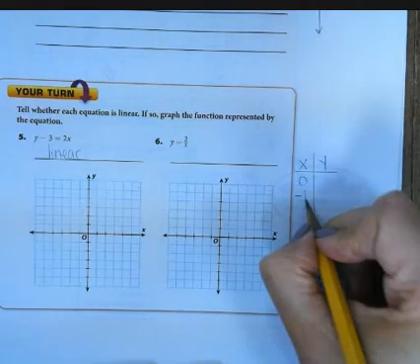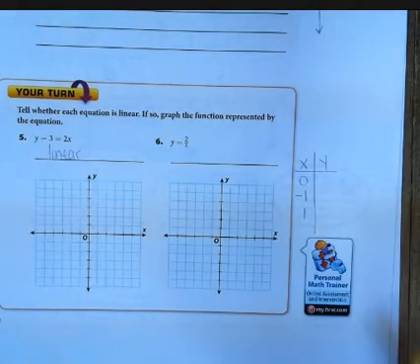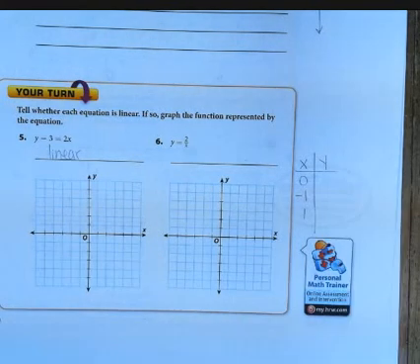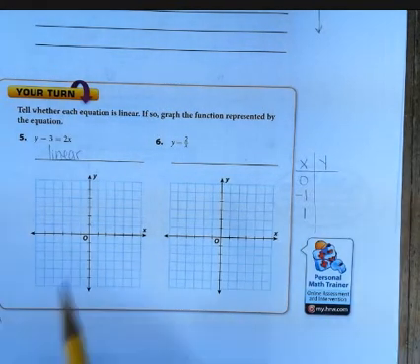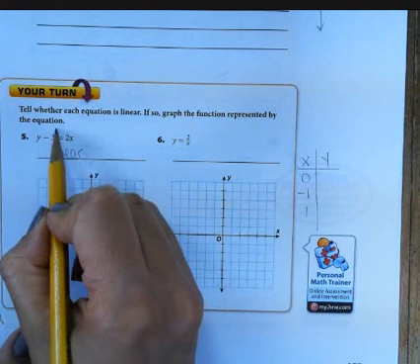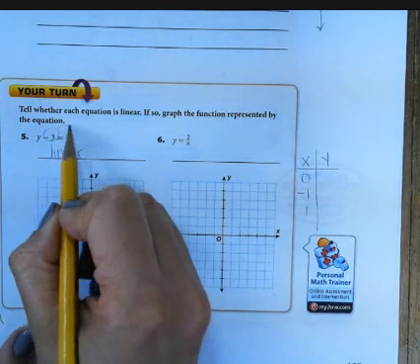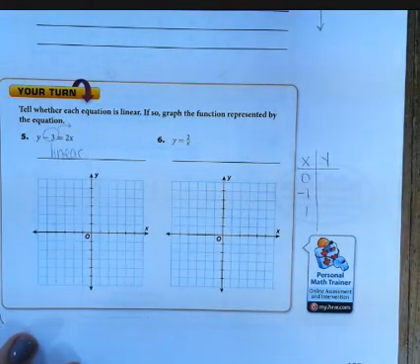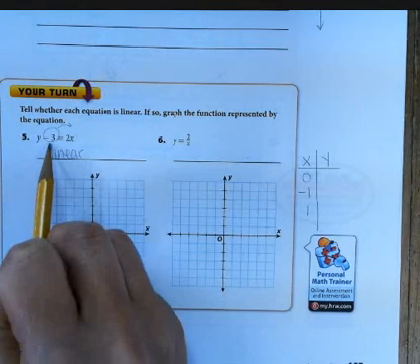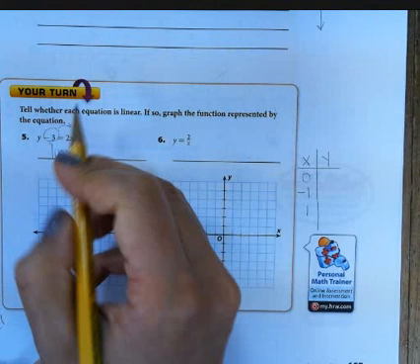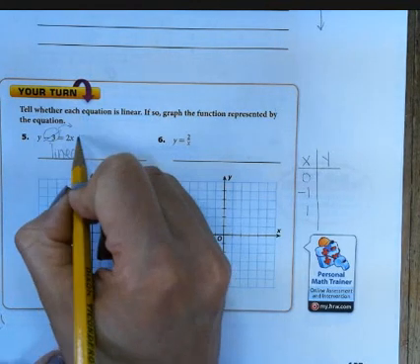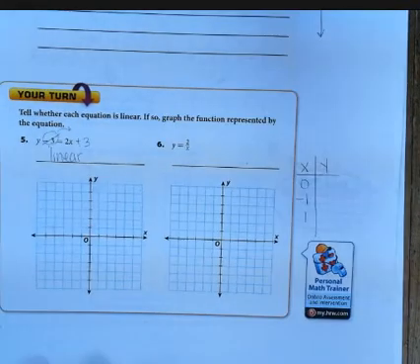I'm going to move this negative 3 over to the other side of the equal sign by adding it. We want to cancel it out from the left side and bring it over to the right side, so we add it. So what this equation really is, is y equals 2x plus 3. So now I have 2x plus 3.